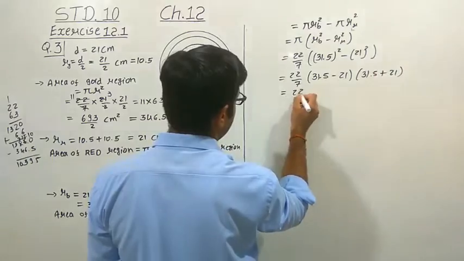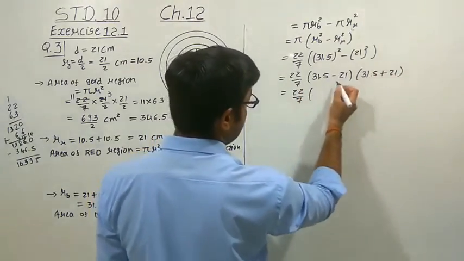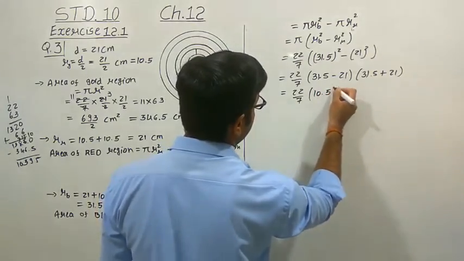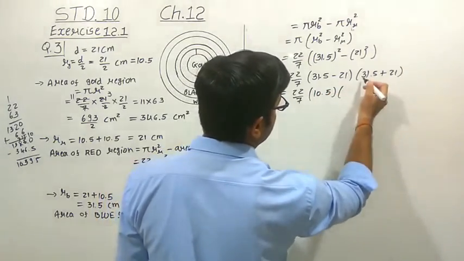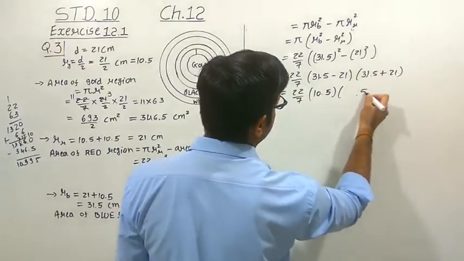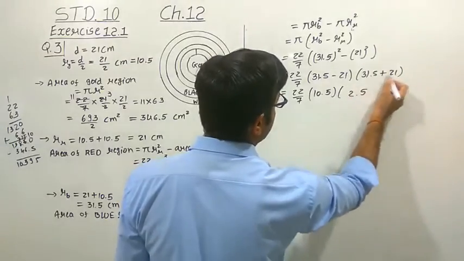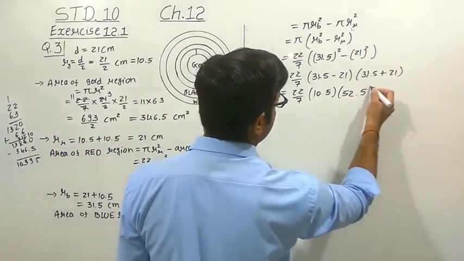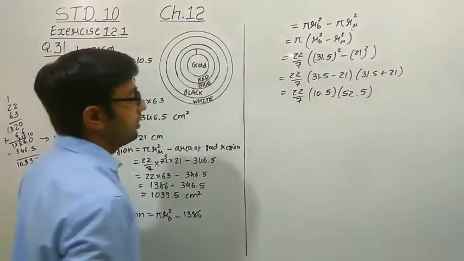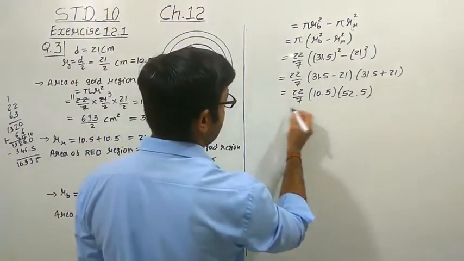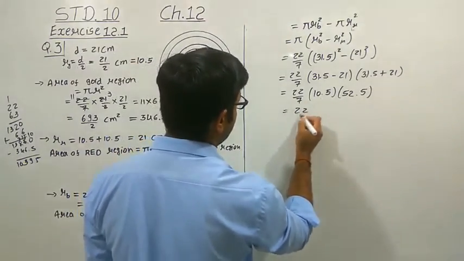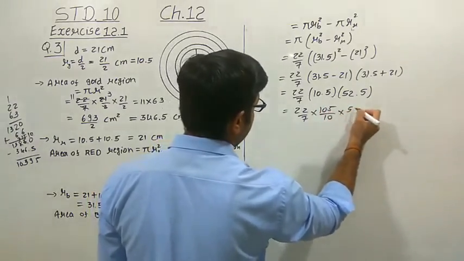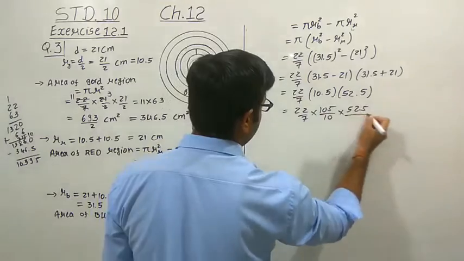So 22 upon 7 remains as it is. 31.5 minus 21 is 10.5, and 31.5 plus 21 is 52.5. Now here we can take 22 upon 7 into 105 upon 10, into 525 upon 10.